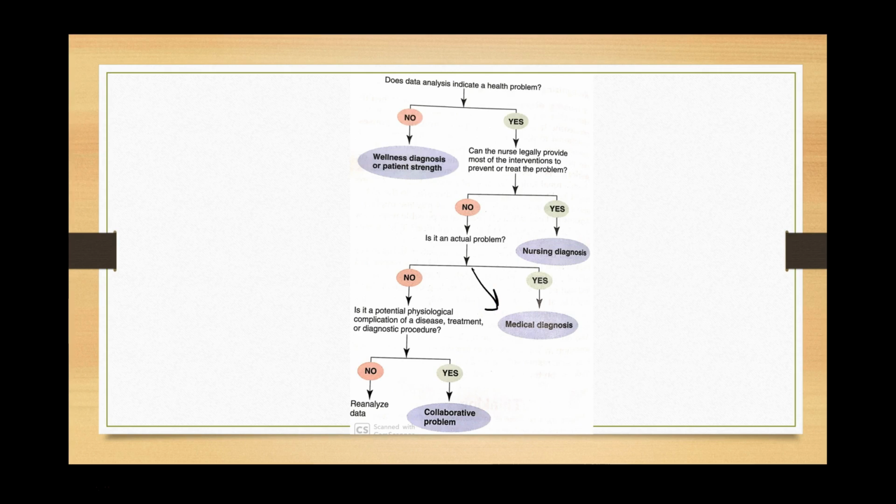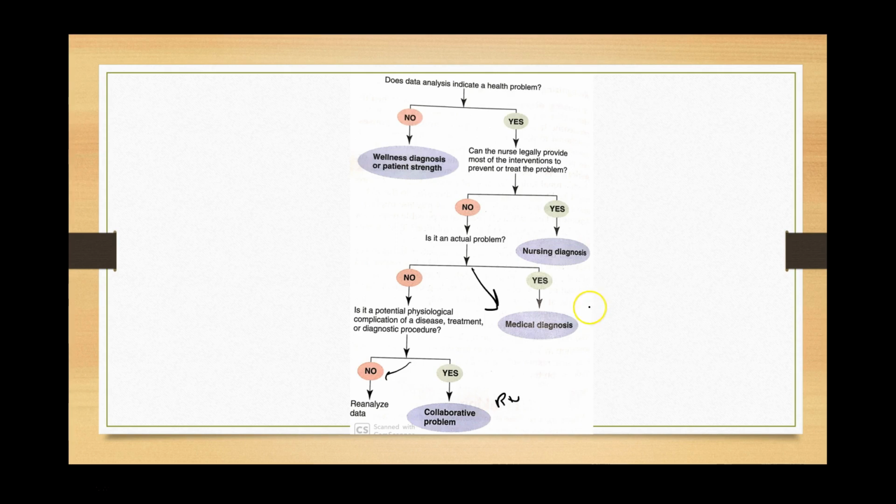If you can say yes to this, medical diagnosis. Or no, is this a potential physiological complication? Then go further, answer no, then you need to go back and look at your data again. Maybe you're missing something, maybe you need to get more data to be able to make a better decision. If it's yes, then it's a collaborative problem. Again, this is something that you're going to be more concerned about at the RN level rather than the LPN level.